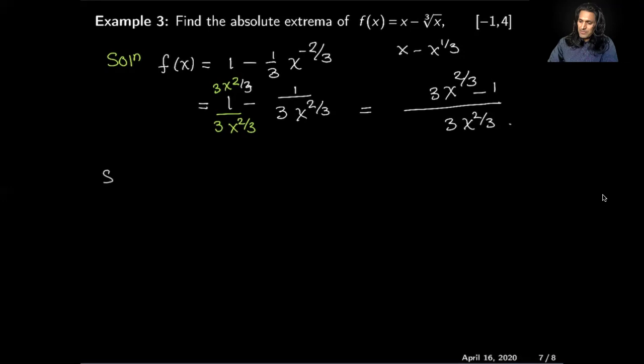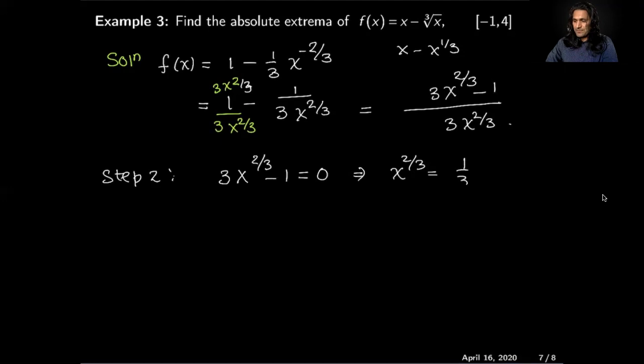So step number 2 is finding the critical values. To find the critical values, you have to set the top and the bottom each equal to 0. If I set the top equal to 0, 3x to the power 2/3 minus 1 is equal to 0. This is basically x to the power 2/3 is equal to 1/3.